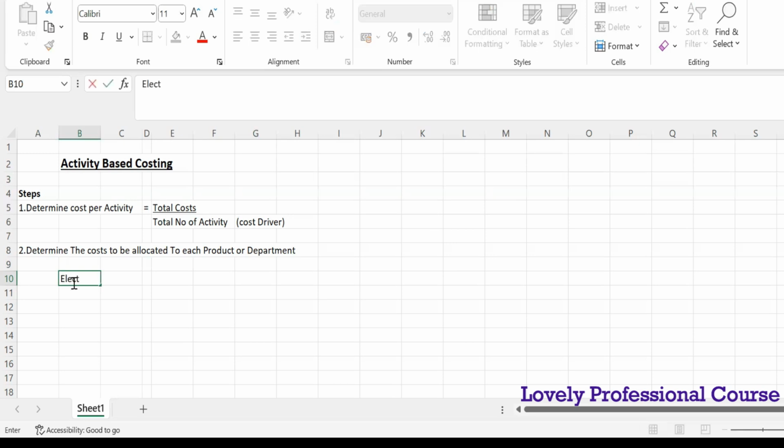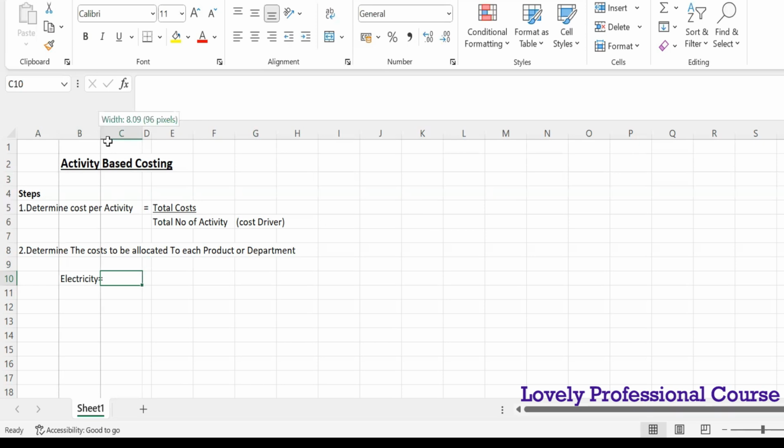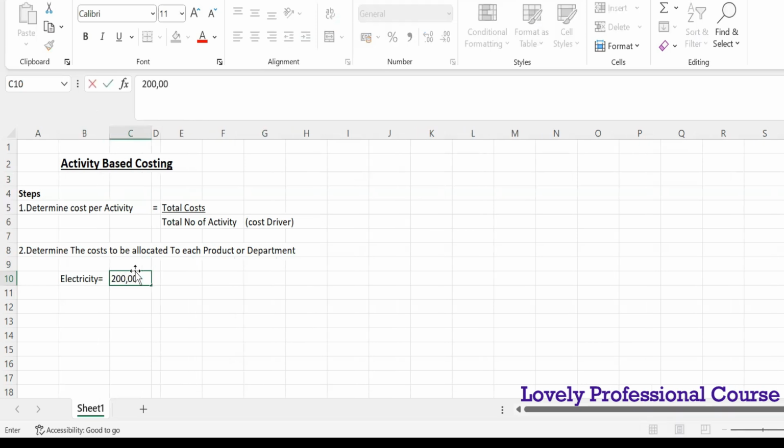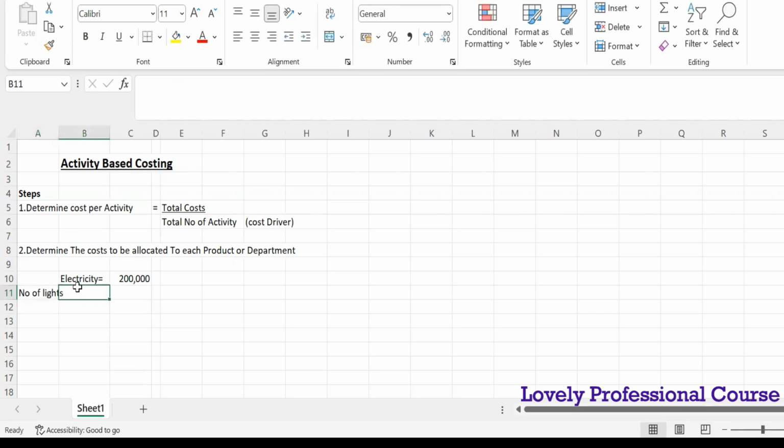Let's say the whole organization incurred electricity expenditure of 200,000 shillings, and I want to apportion this electricity based on the number of lights.